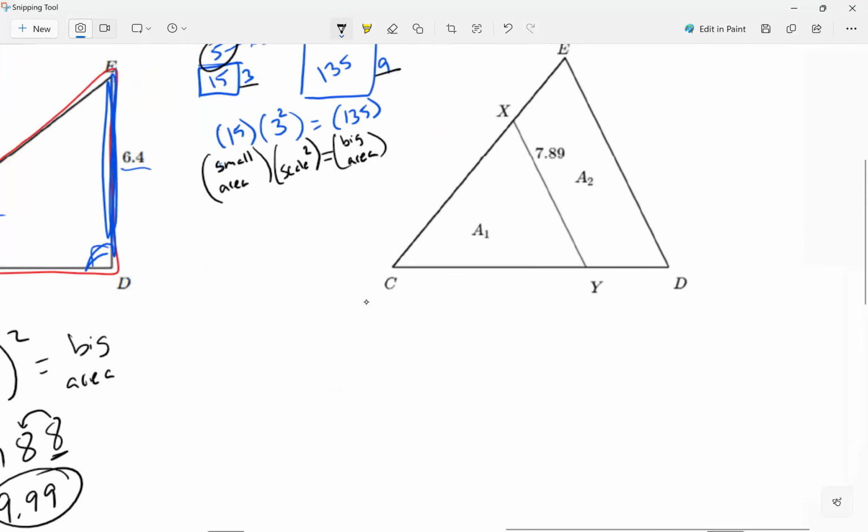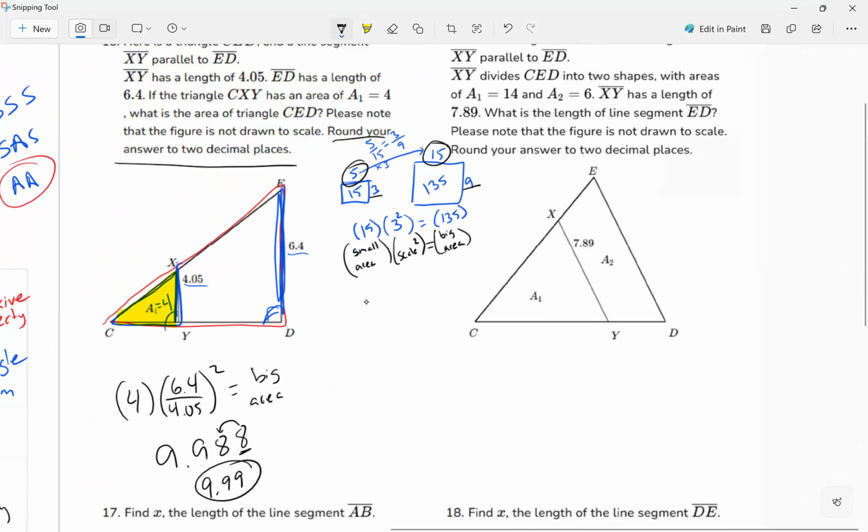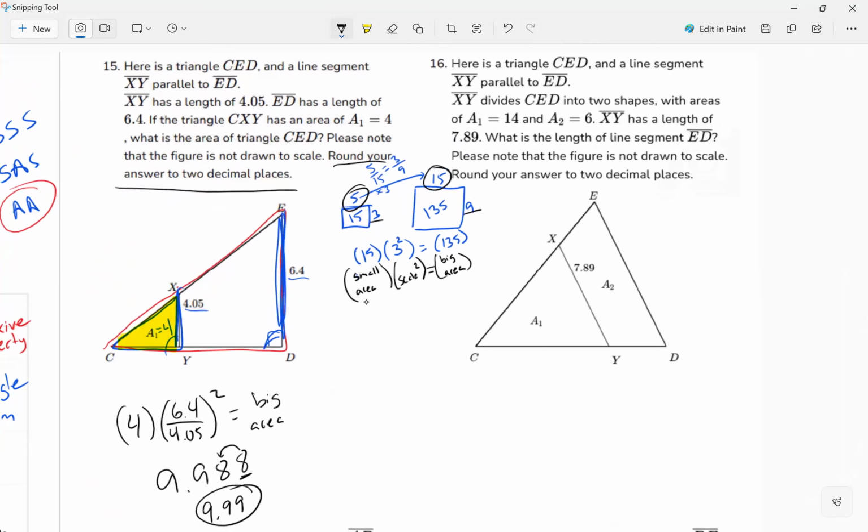Let's take a look at question number 16. Here's a triangle CED and a line segment XY parallel to ED. XY divides CED into 2 shapes.